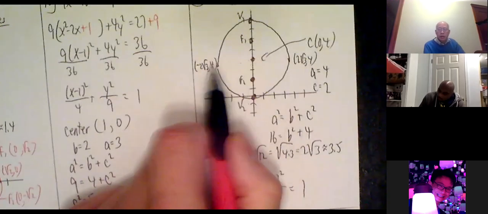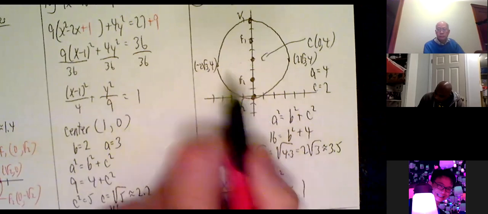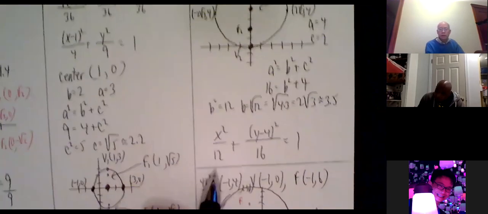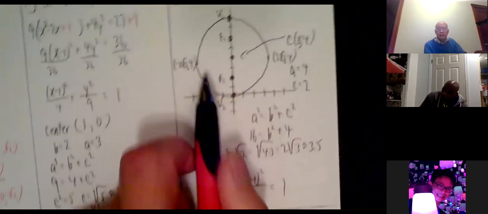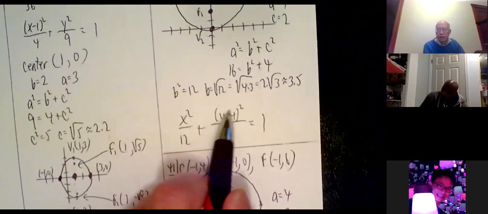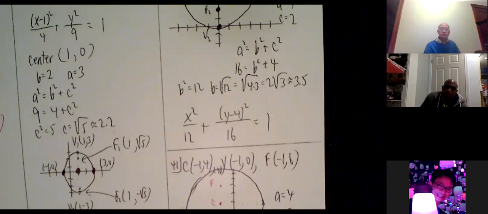That's how much I go left and right. So the bulge is vertical. I'm going horizontally. So x squared over 12, b squared, plus, again, because of the translation 4 units up, parentheses y minus 4 squared over 16 is equal to 1.